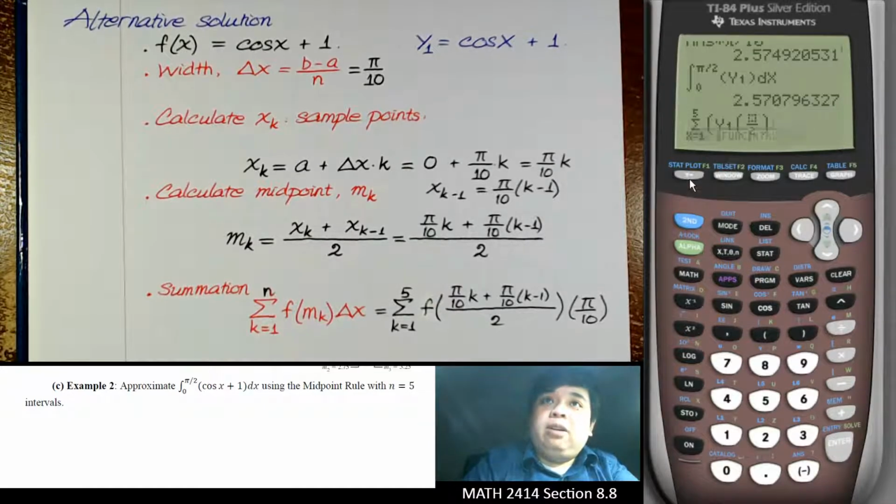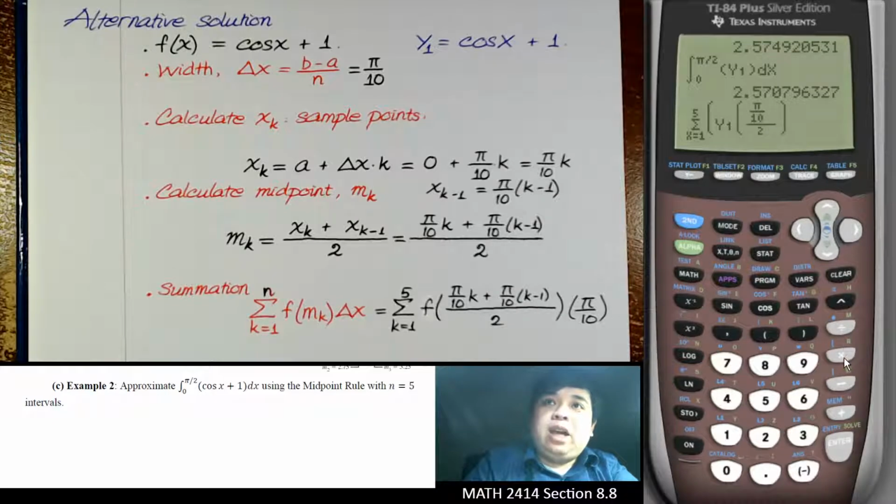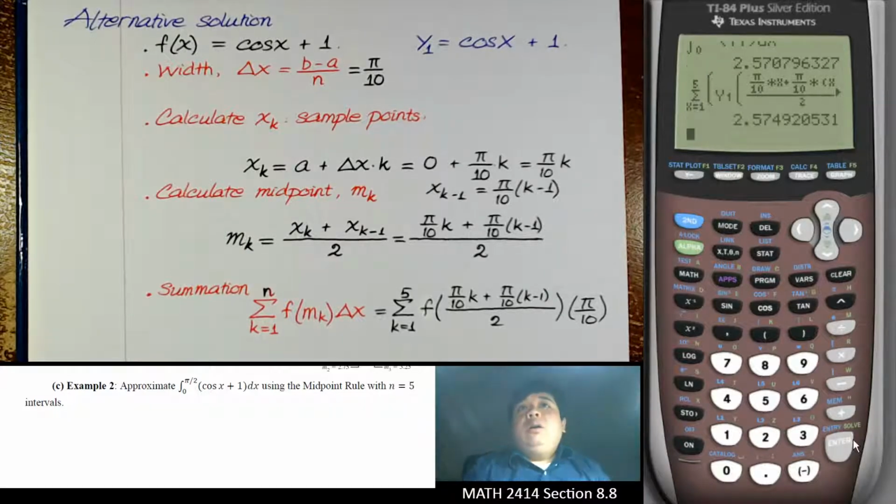On the top we have another fraction of pi divided by 10 times k, which is x, plus another fraction pi divided by 10 times x minus 1, and then another fraction just times pi over 10. Right, we should get the same thing.